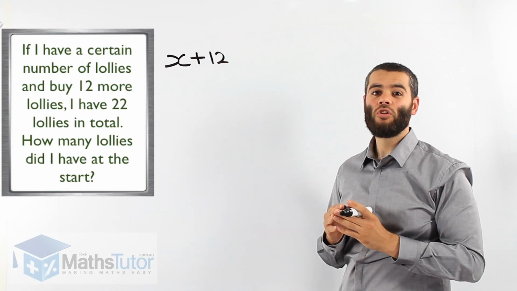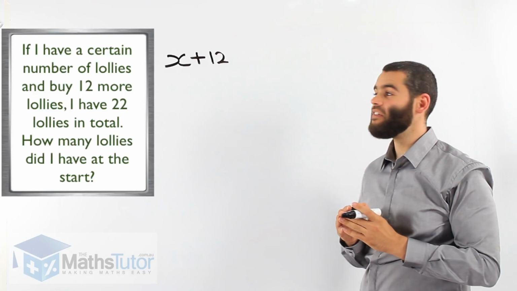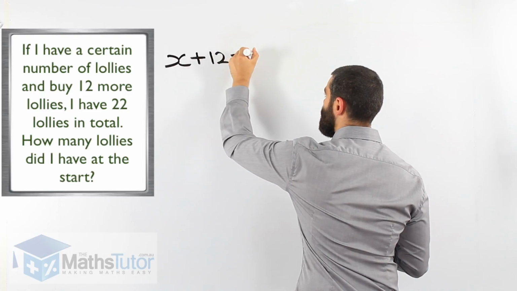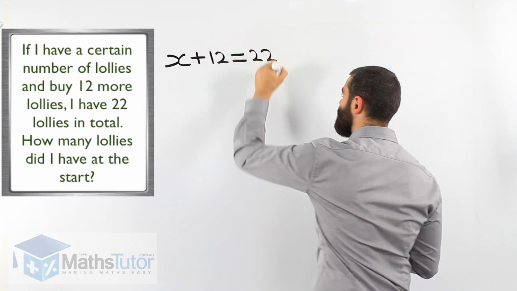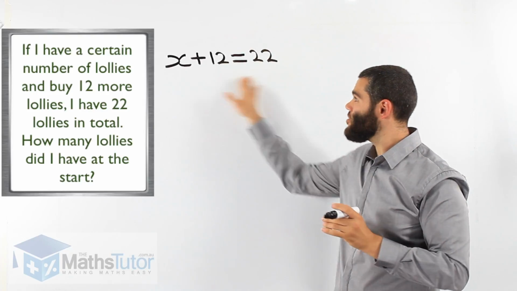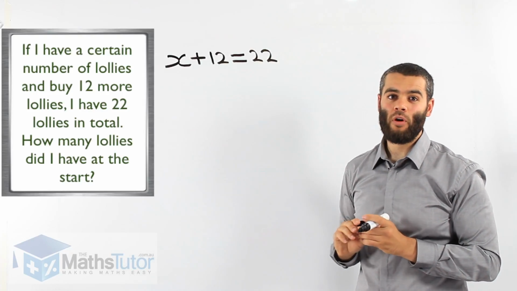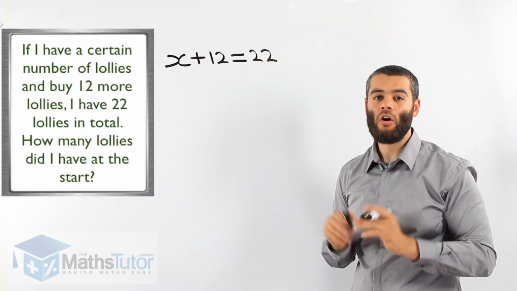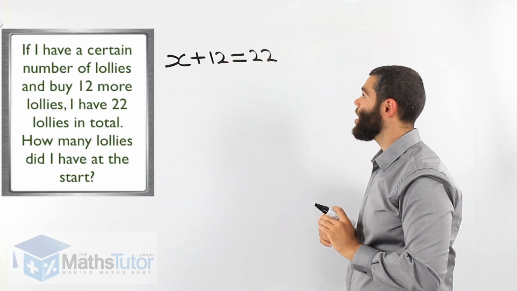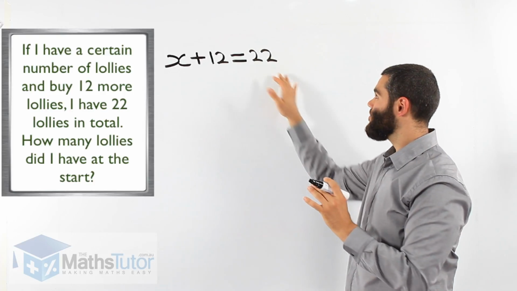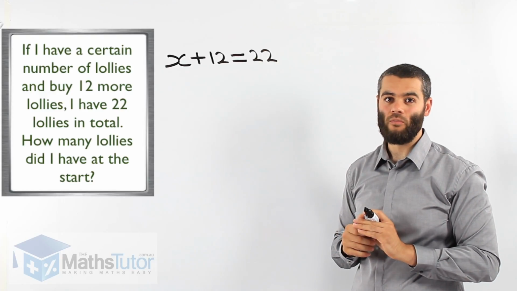And I have 22 lollies in total. That means all together I have 22 lollies. So all of a sudden I've created an equation from the worded problem I had in front of me. X is that certain number of lollies I already had, and I bought 12 more, so add 12. All together I have 22 in total.